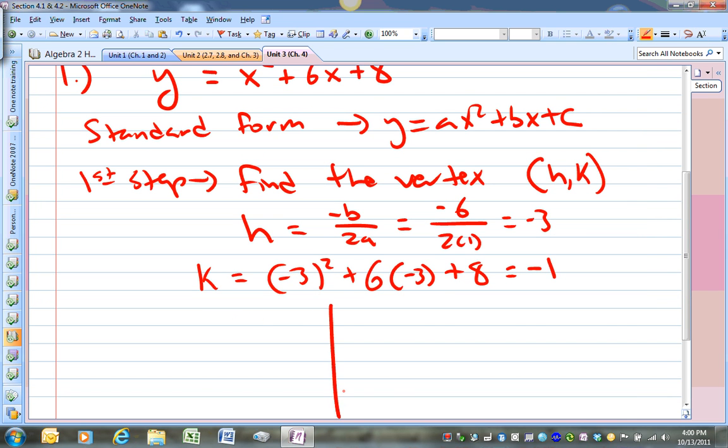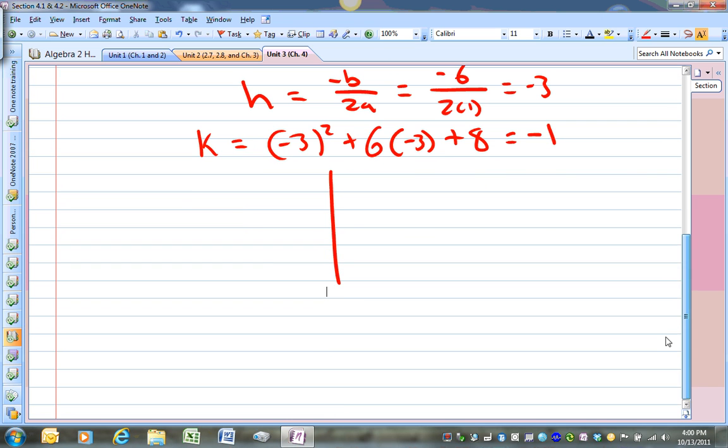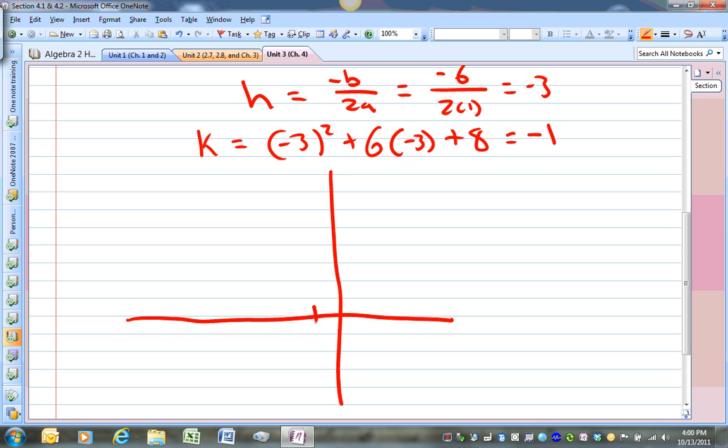So then we draw a coordinate plane. So here's negative 3, there's negative 1. Change up colors. Then, since a is positive, it's going to open up. And if I make a little table, let me plug in negative 2 and negative 4.